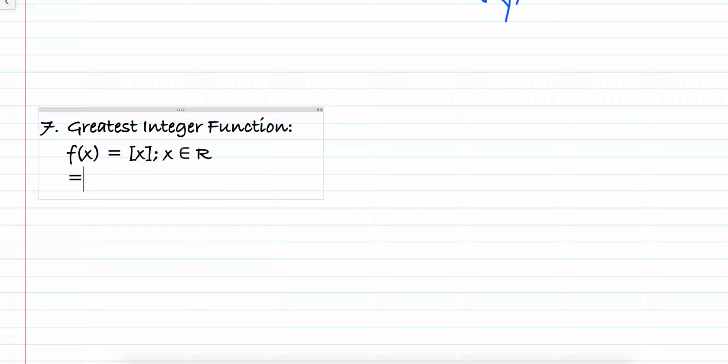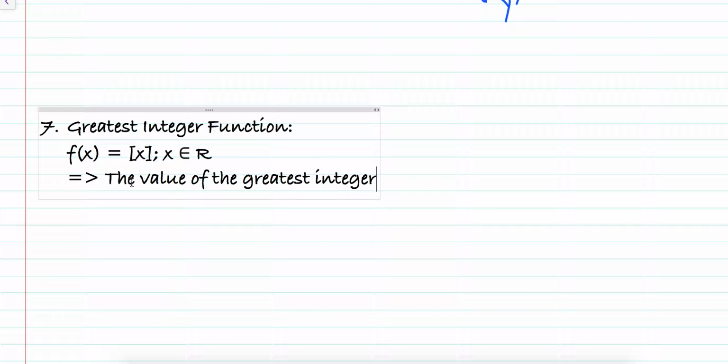So its meaning is like this. We will read it as: whenever some number is written within square brackets, it means the value of the greatest integer less than or equal to x.